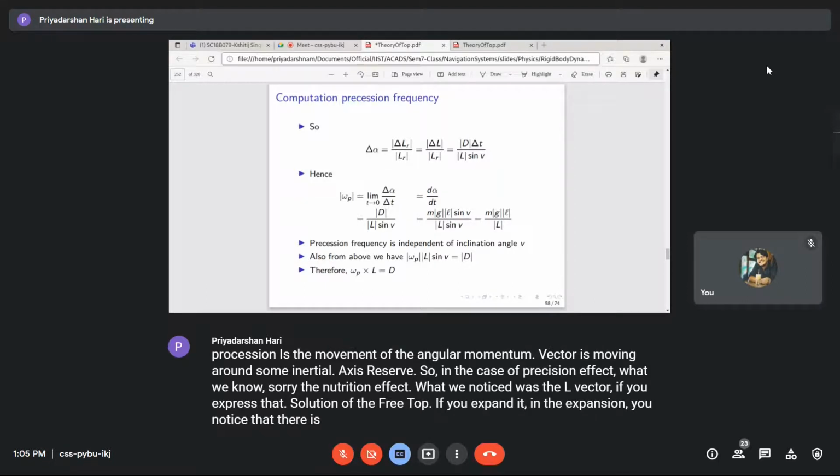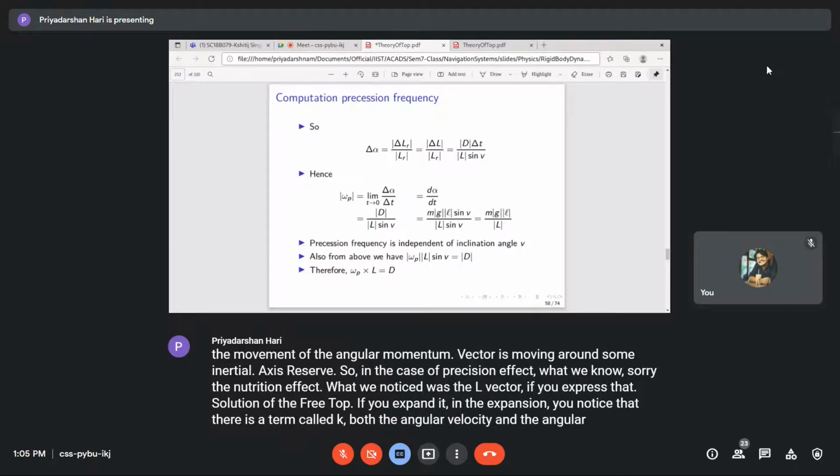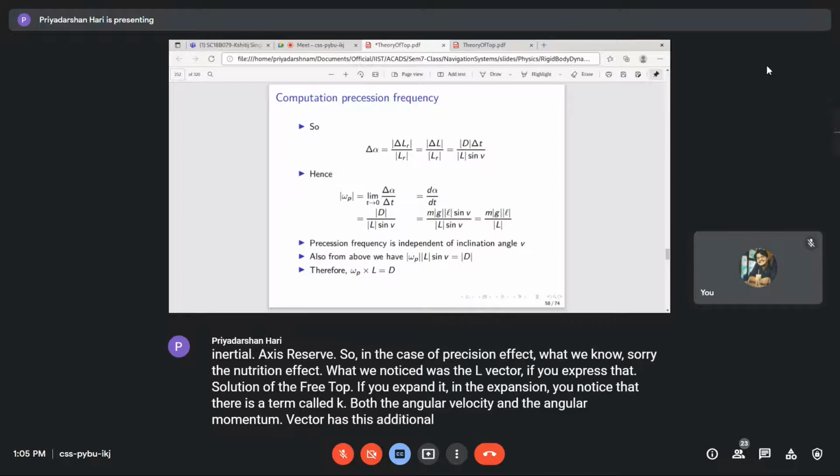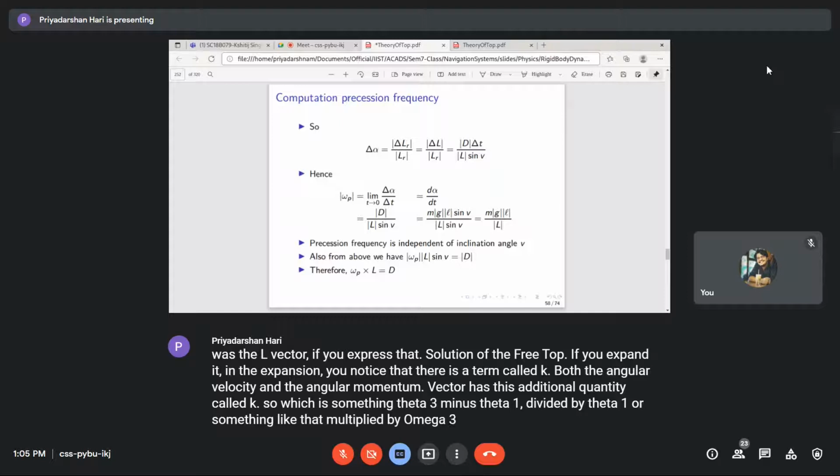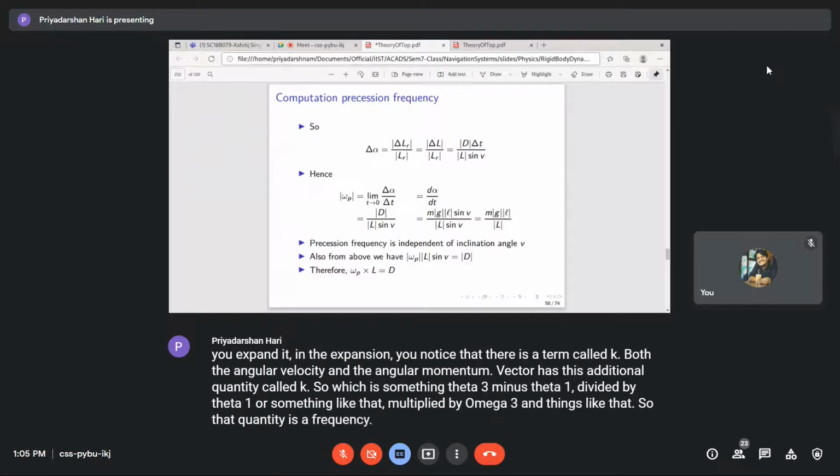a term called k. Both the angular velocity and the angular momentum vector have this additional quantity called k, which is something like theta 3 minus theta 1 divided by theta 1, multiplied by omega 3 and things like that. So that quantity is a frequency. So that is sine of kt, cos of kt, something like that.